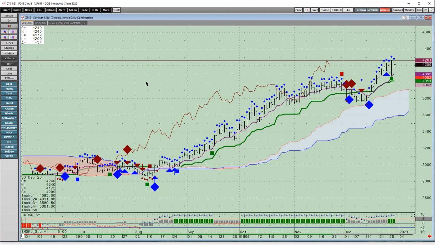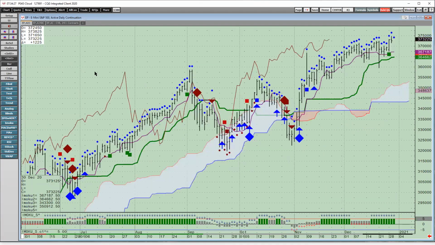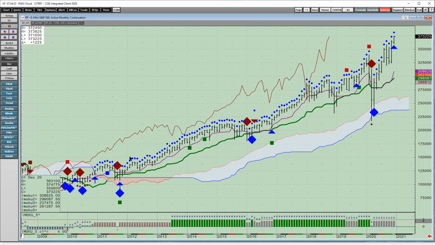Right. Let me show you something. Actually, the ultimate support of the trend is the bottom of the cloud. And we'll go through all these things, maybe in more than one session.